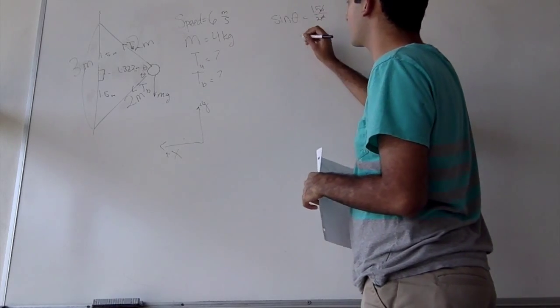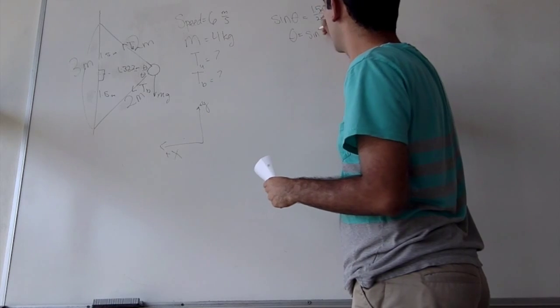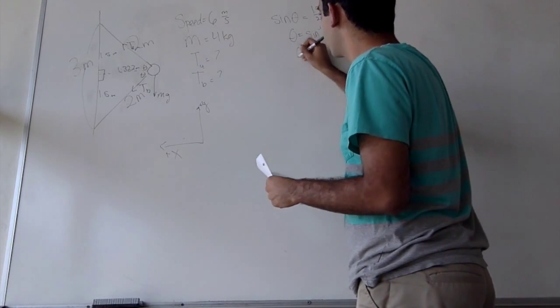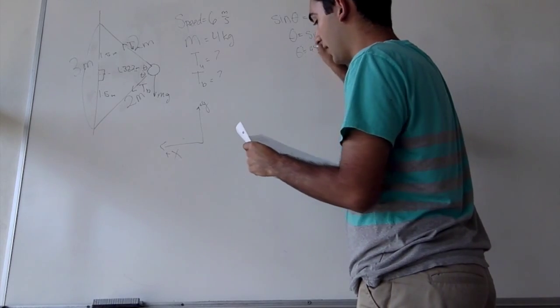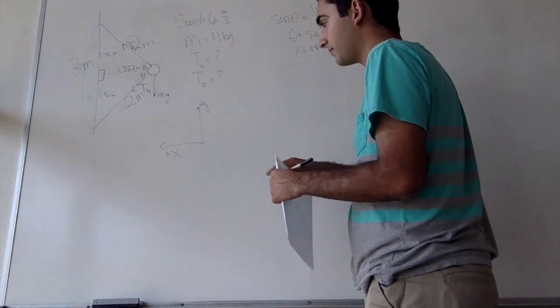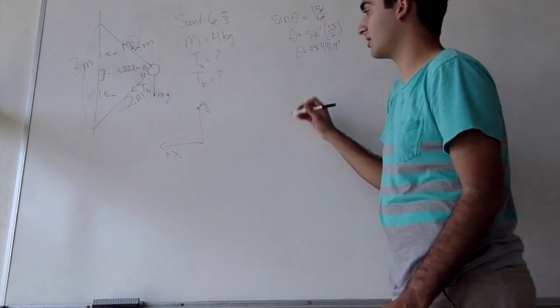The meters cancel out, so theta is equal to inverse sine of 1.5 over 2, which is 48.4904 degrees.